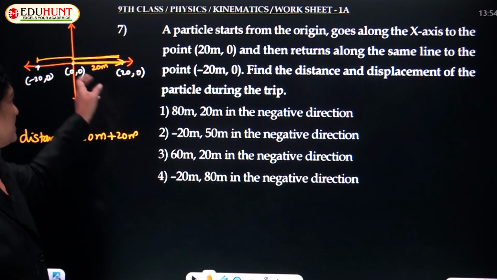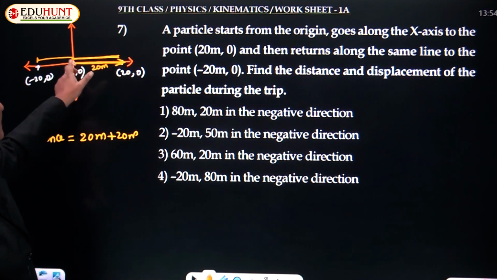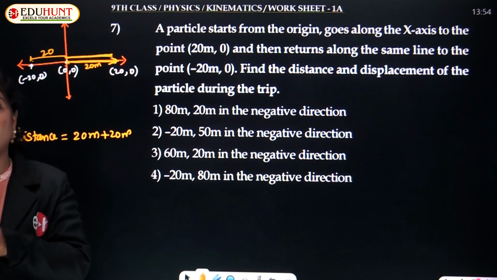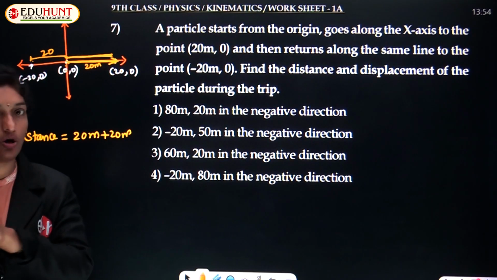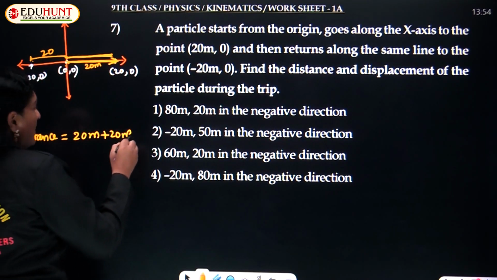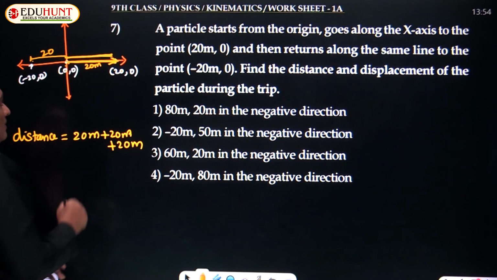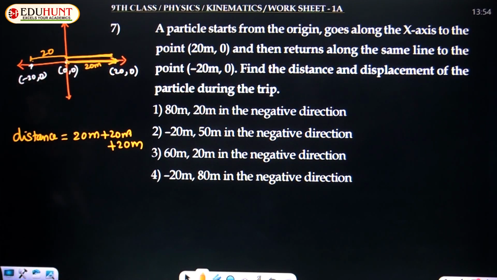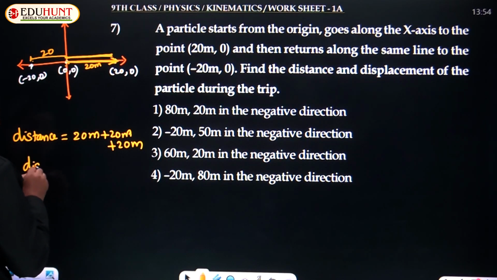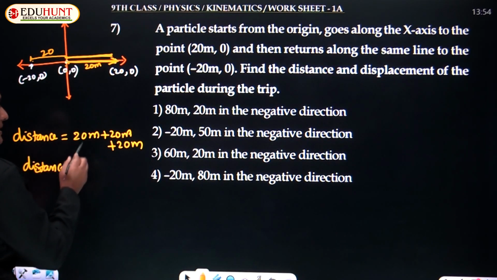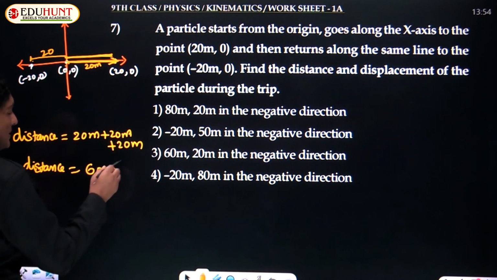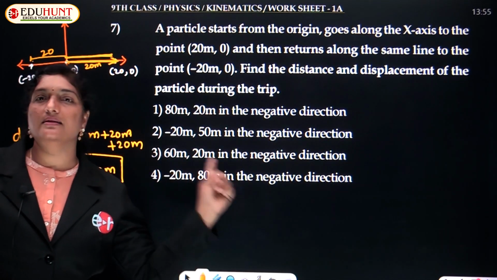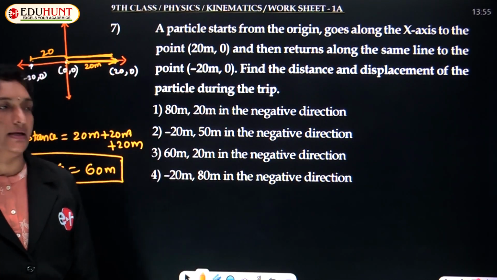Here to here 20, here to here 20, and again here to here also 20. To indicate minus 20, the path length it has covered is 20, not minus 20. Therefore, the total distance covered is 20 plus 20 plus 20, which is found to be 60 meters. The distance covered by the body during this trip is only 60 meters.